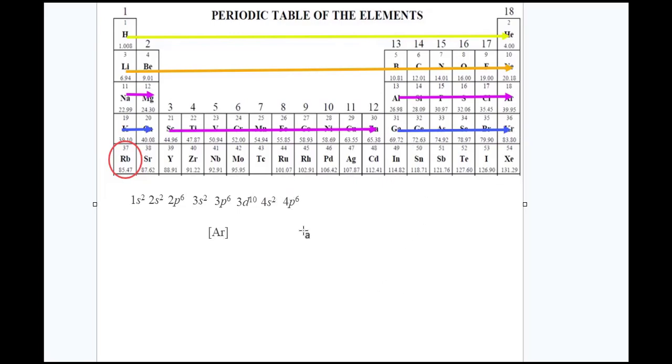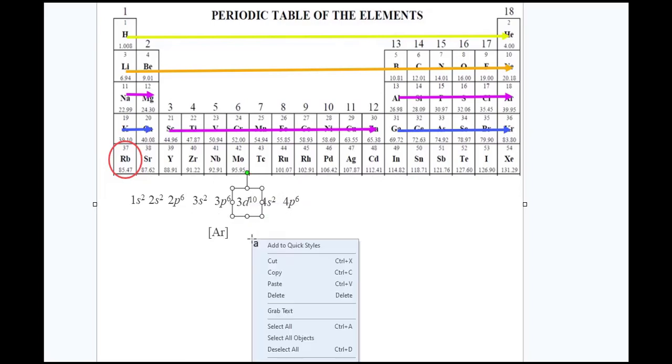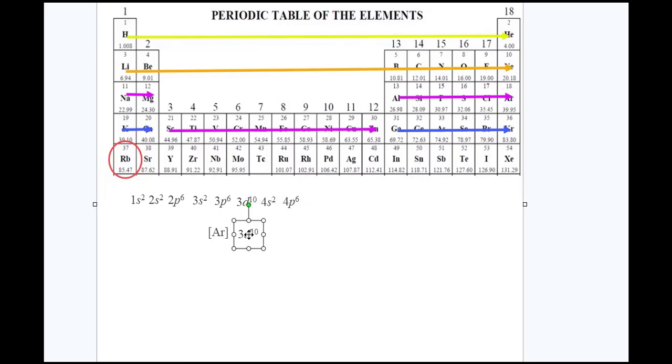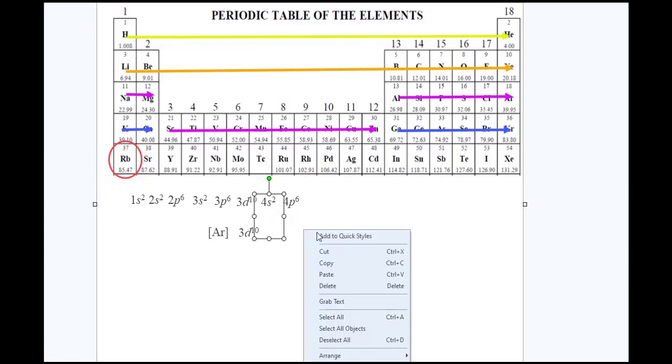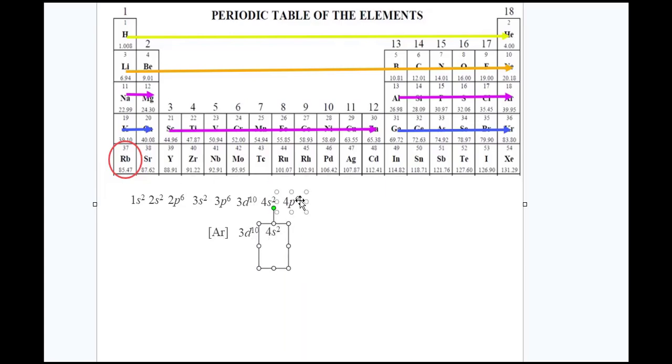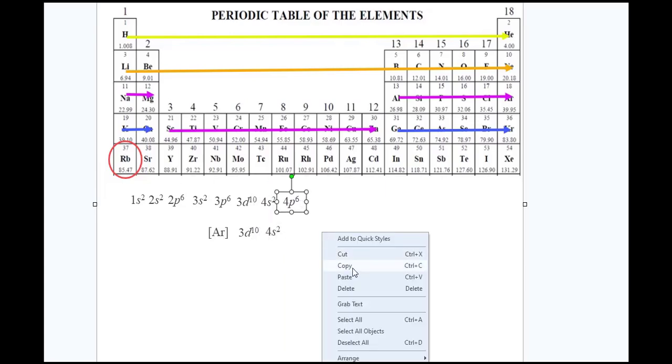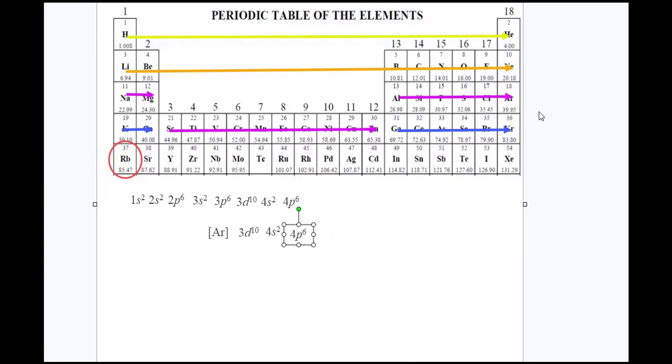Now, if I was doing the electron configuration that was abbreviated, I would write argon up here. I would include the 3D after it, and then I would go to the 4p6. With the abbreviated electron configuration, you go to the noble gas before, argon, and then you write everything that comes after it.